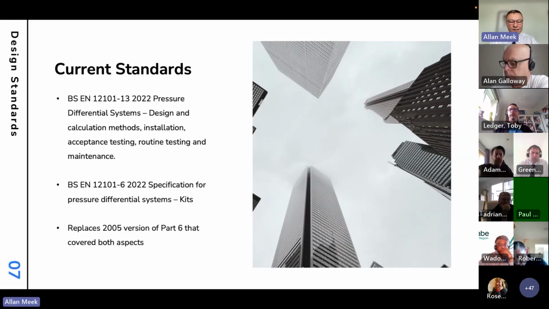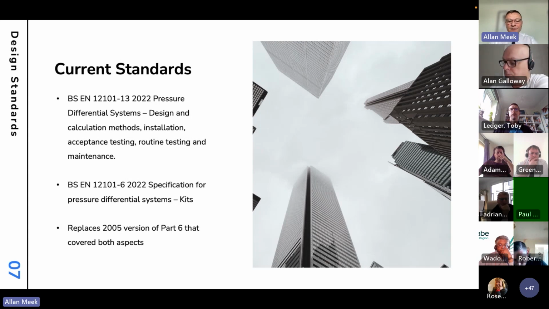So the current standards are slightly confusing. The new standards were released last year, 2022. BS EN 12101 Part 13 is a standard for design, installation and commissioning. And then BS EN 12101 Part 6 is now the specification for products, really, for kits.